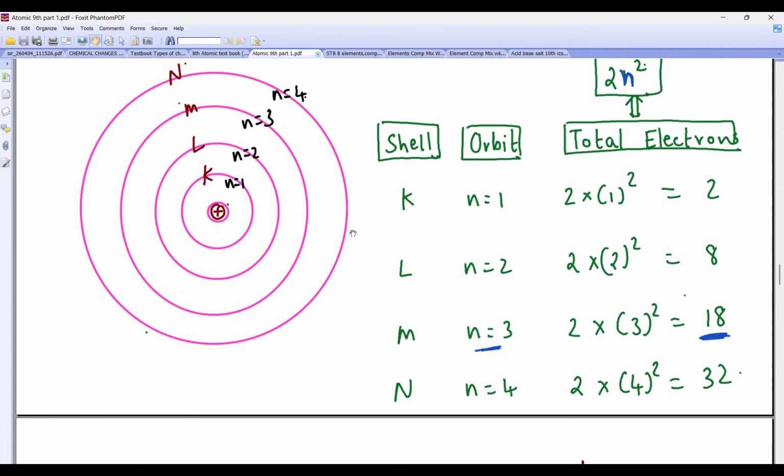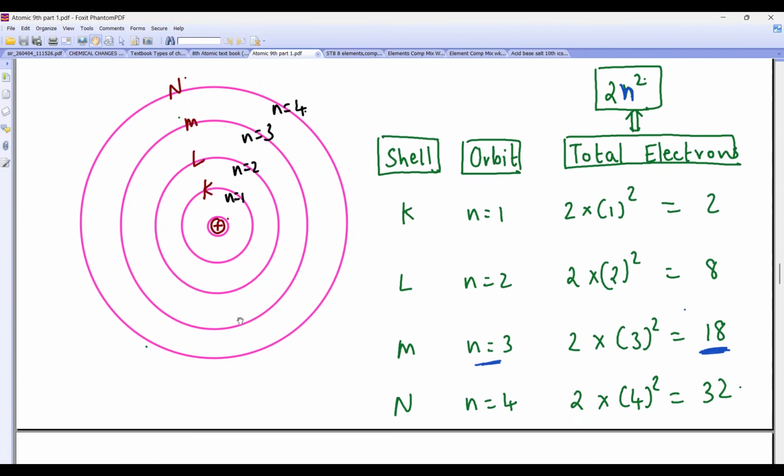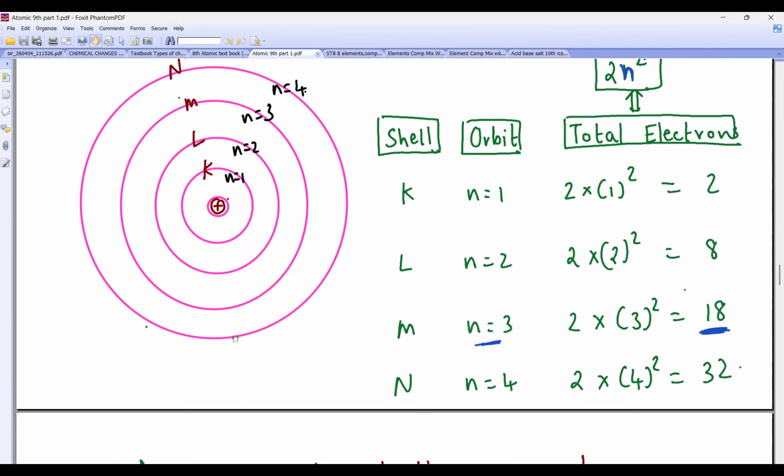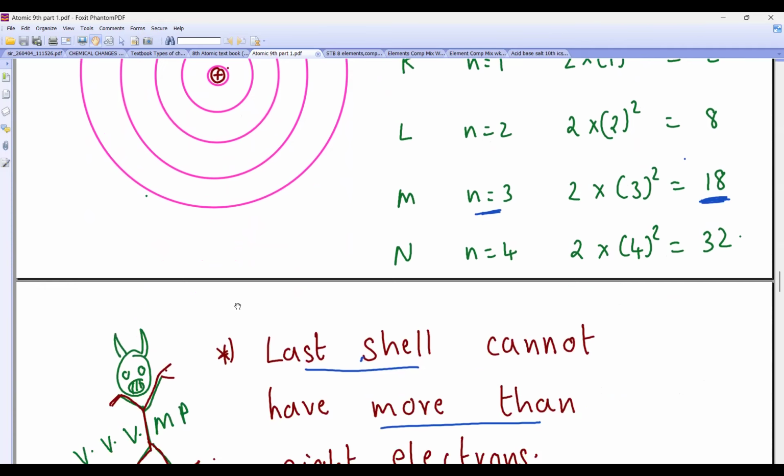But beta, this is the capacity. But this is a very important rule you have to write. What is rule number 2 for electronic configuration? Wait, pay attention.